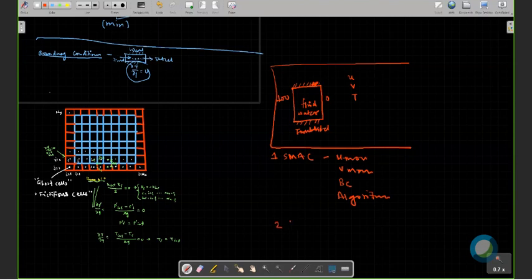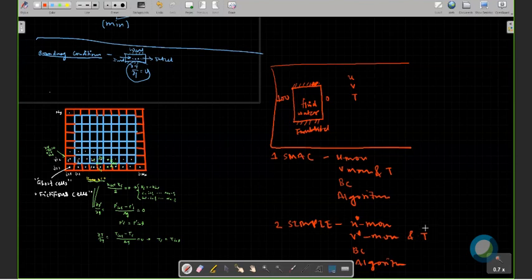Similarly, you write the same thing using the SIMPLE method: discretization of the U momentum equation, meaning U star, V star, and T, and then boundary conditions, and then the algorithm.